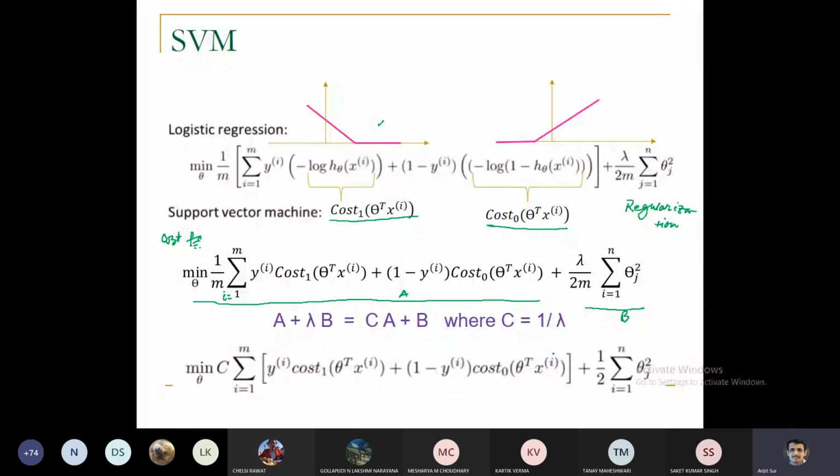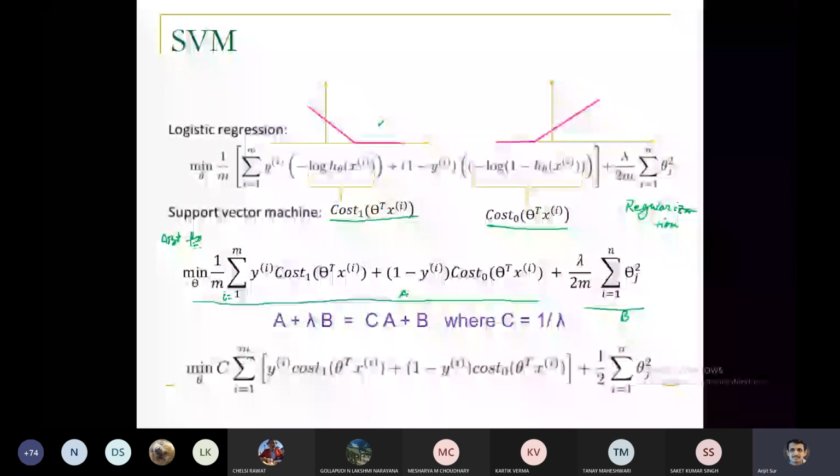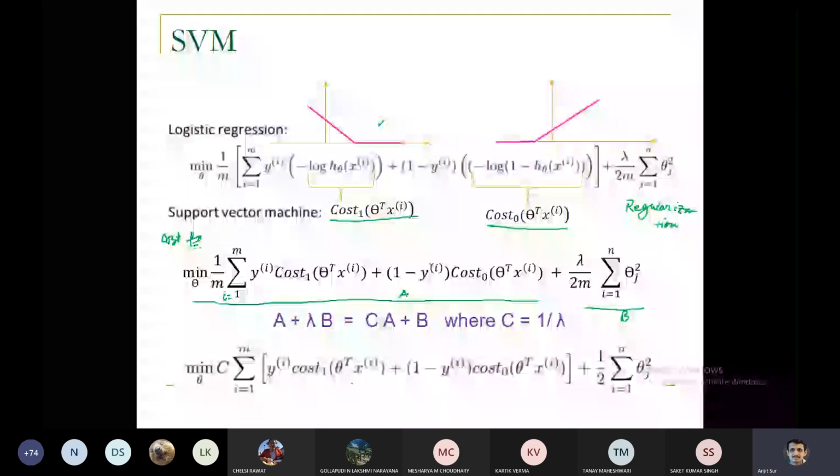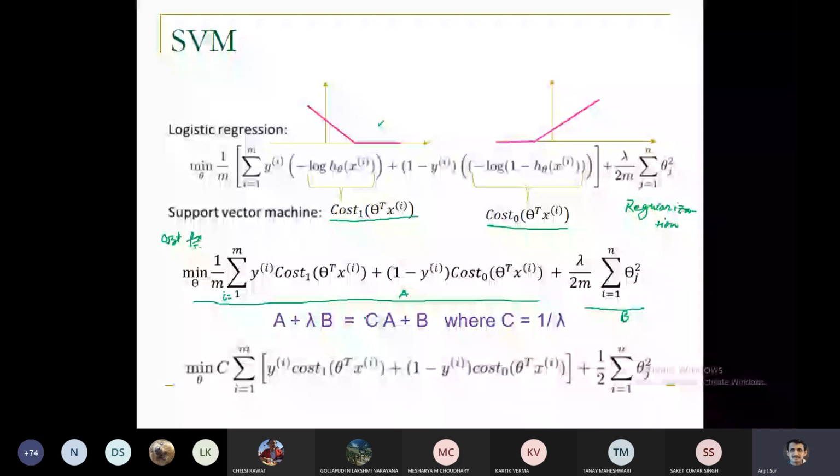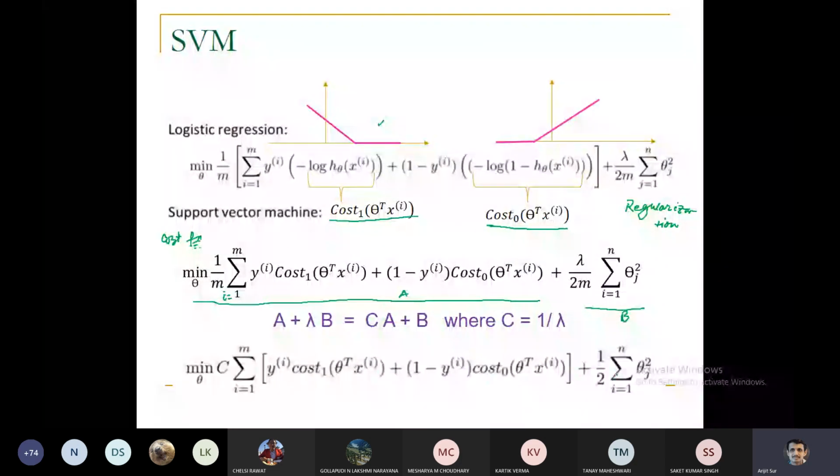In that sense we can write the same function with theta, and 1 by m becomes C, with the sum from 1 to m, plus the half sum of theta j squared. Then the m and m cancel actually.